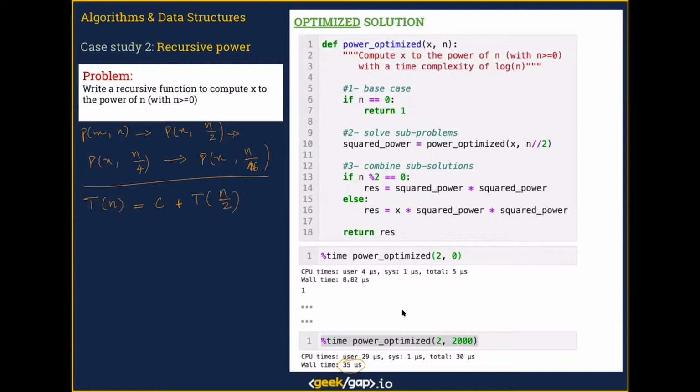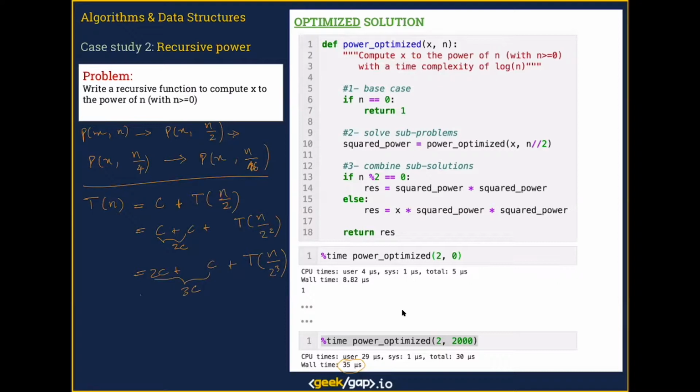Now if you do it again, it will give you another c plus T of n divided by 2 to the power of 2, so this is 2c. And if you do it again, it gives you 3c plus T of n divided by 2 to the power of 3.